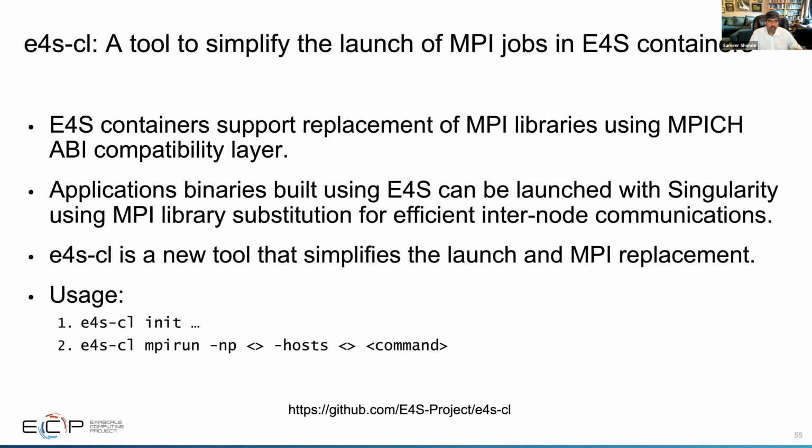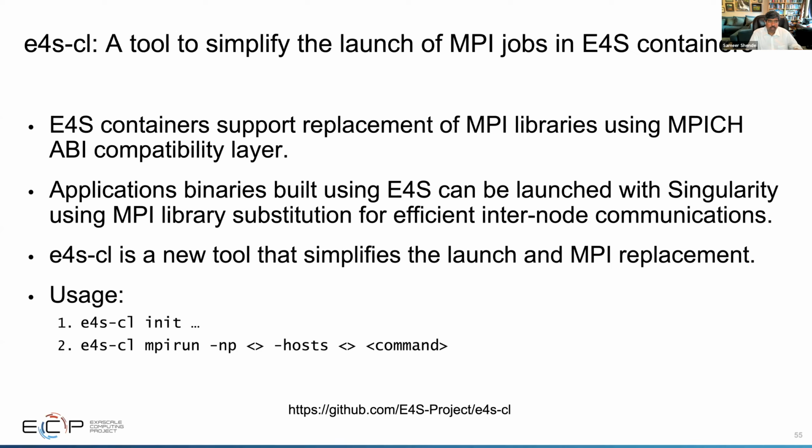So you'll be able to mount the local file system in the container image with Singularity, and then you'll be able to use the host-based MPI libraries. So if you have, say, the Cray MPICH or MVAPICH2 with InfiniBand, and you want to use that InfiniBand adapter between the nodes, you will be able to substitute the MPI at runtime with the system MPI.